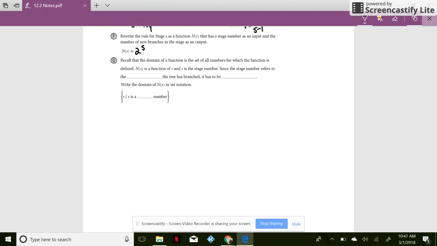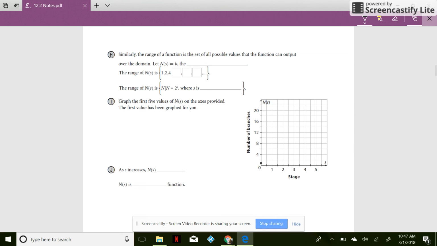Since the stage number refers to the number of times the tree has branched, it has to be a whole number. You can't divide a tree a fractional amount of times. So the domain is all numbers S such that S is a whole number. Our inputs just have to be whole numbers.